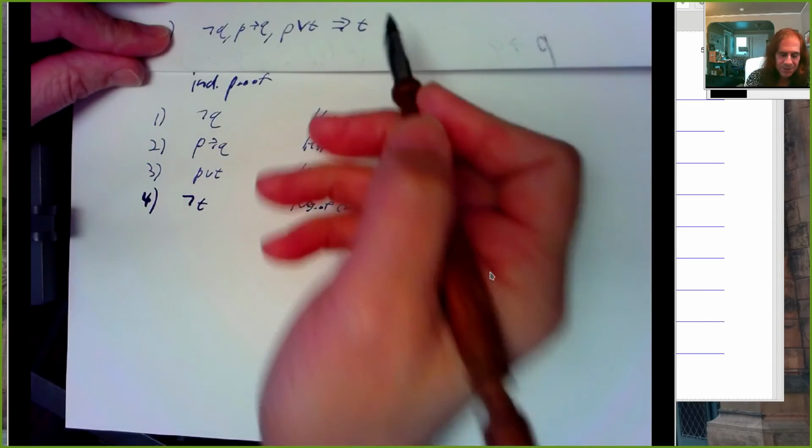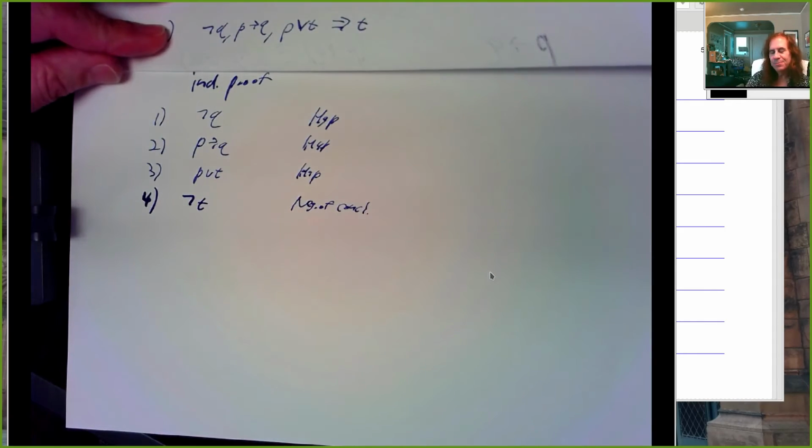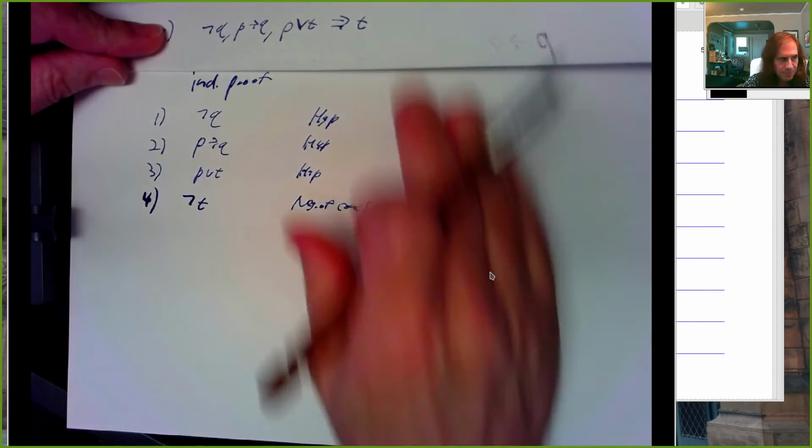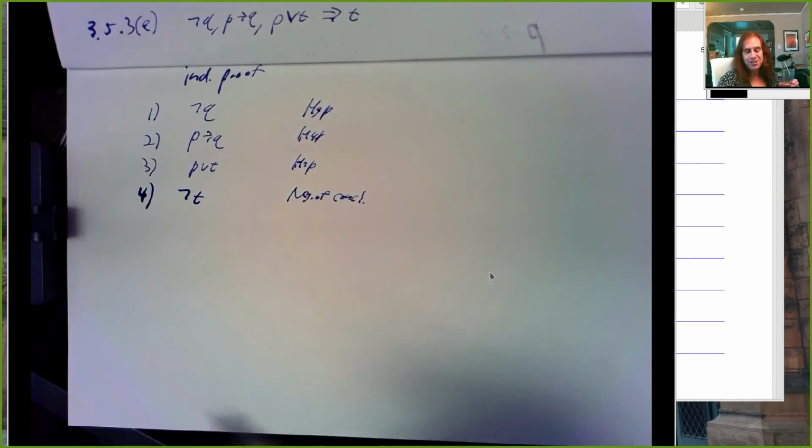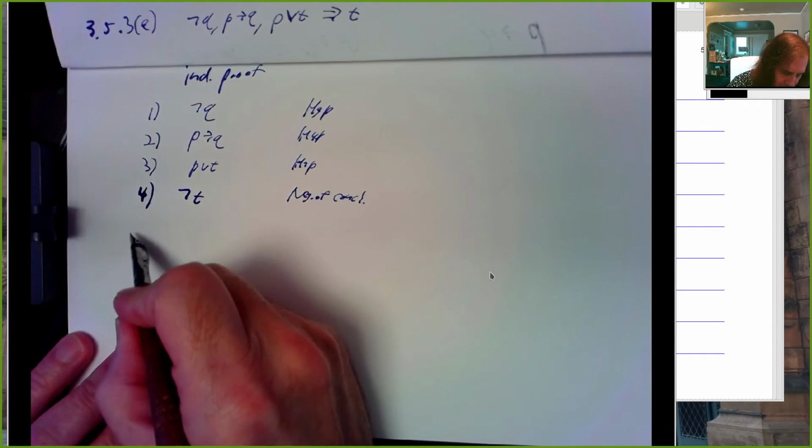So the conclusion of this theorem is supposed to be T. I'm trying to prove T is true. But instead, I'm going to start a proof and I'm going to assume that T is false. And I'm going to show that something absurd happens as a result.